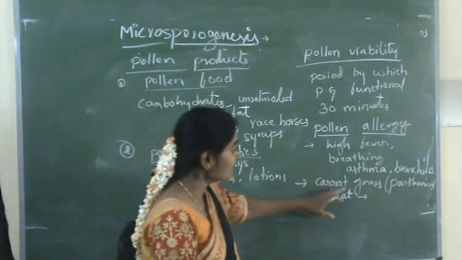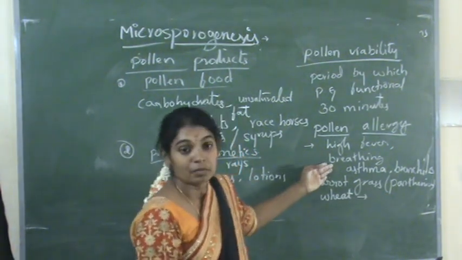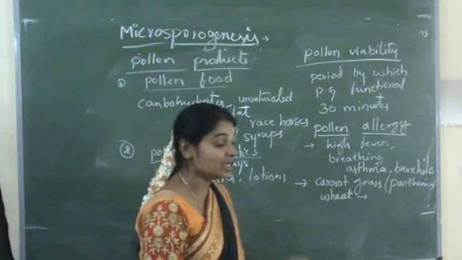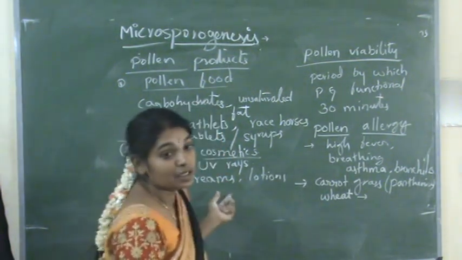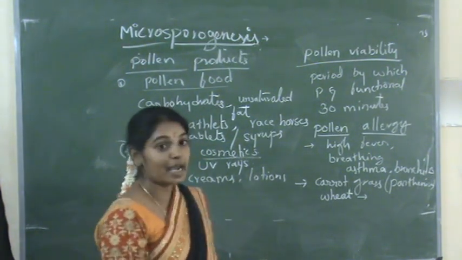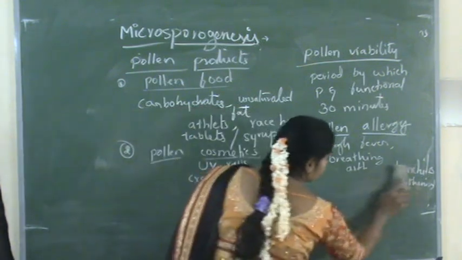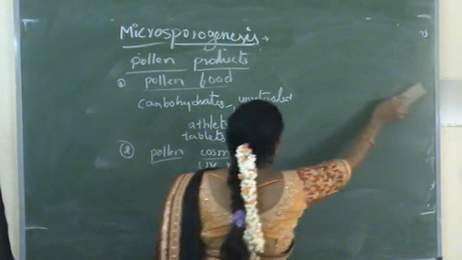As a result of these pollen grains, we get allergies and even breathing problems like asthma and bronchitis. And this is about the male reproductive unit of the flower, that is androecium, and the formation of pollen grains.